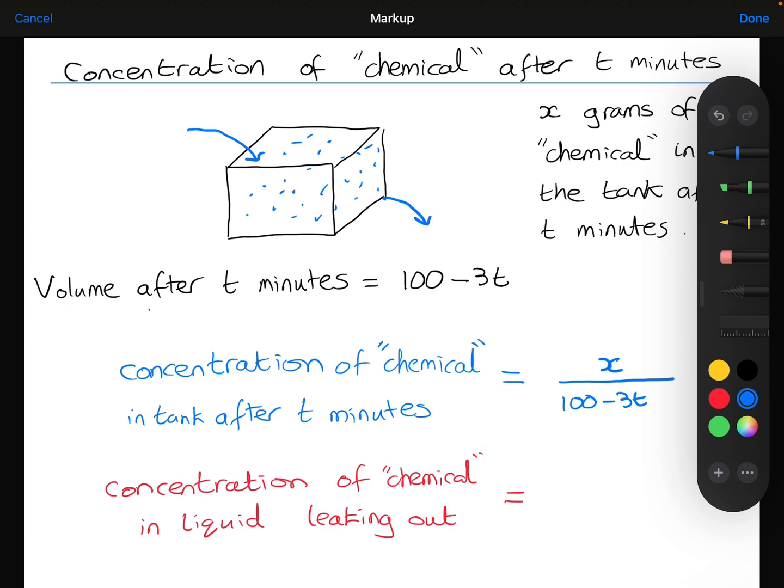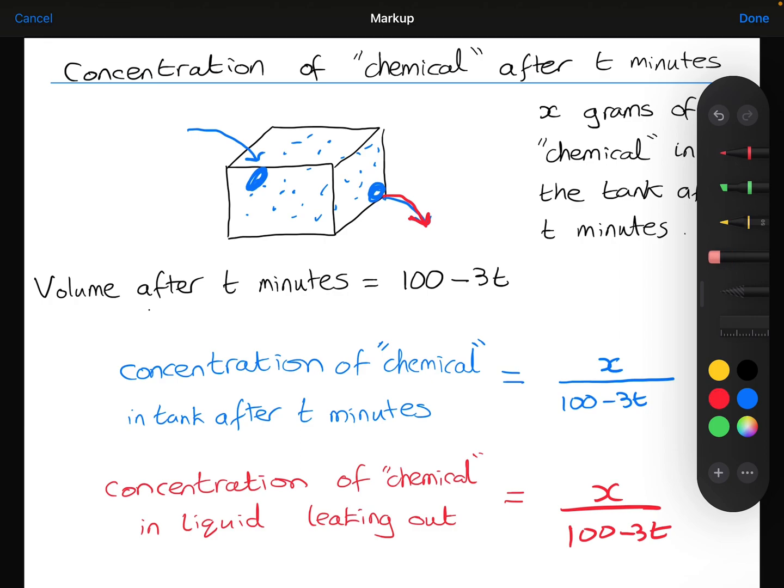So what that means is that the concentration of the chemical here is exactly the same as the concentration here when it leaks out, which is important because that's going to allow us to say that the concentration of the chemical as it leaves the tank is also x over 100 minus 3t.